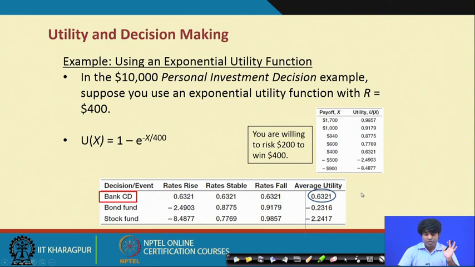Finally you can find the average and then take the decision. Here the best average is 0.632, corresponding to minus 0.2316 and minus 2.2417. So technically this can be the best outcome as far as this personal investment decision is concerned.